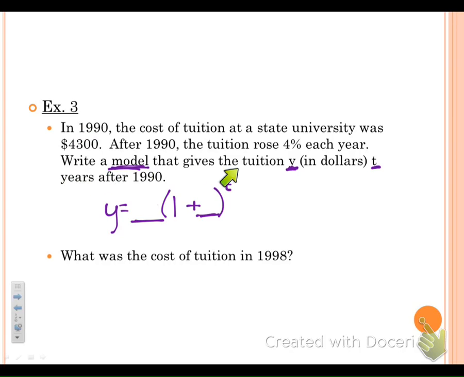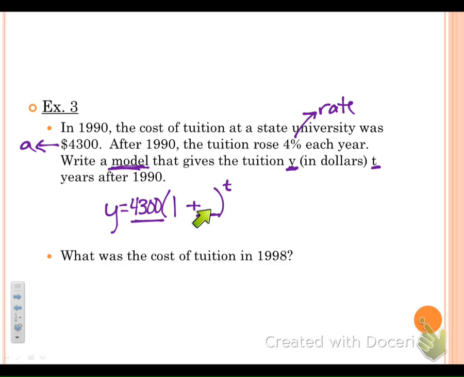Again, this last statement will tell you what variables are going to stay. Cost of tuition was $4,300. This is your original amount. I'm going to put that in front. That 4% is kind of a dead giveaway. This is your rate.